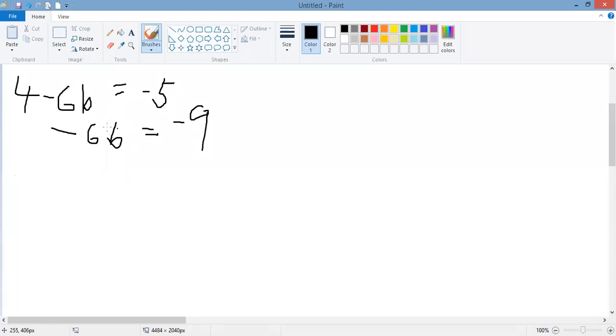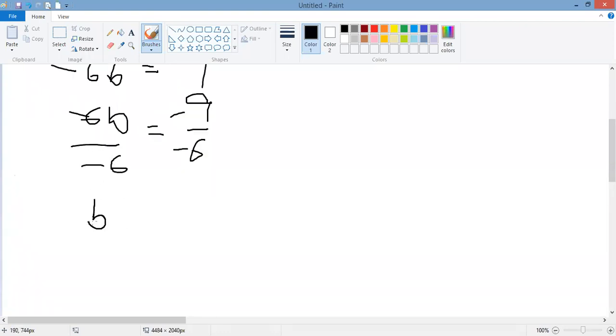So you got left hand side only b, because you want to find out b. So at the left hand side, I divide by negative 6, and then right hand side, I also have to divide by the same number. Okay, so you got b equals to 3 over 2.